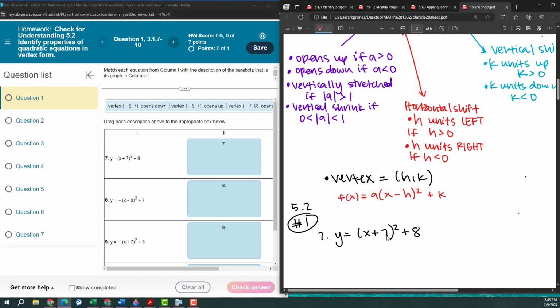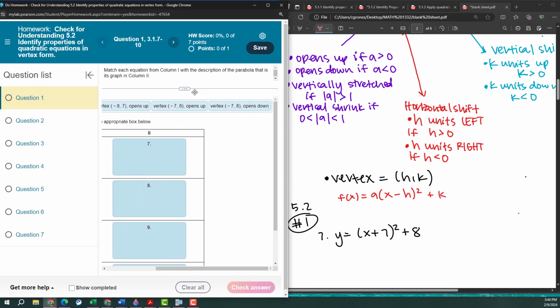So I know that our vertex is going to be negative 7 and a positive 8. So let's look at our options. I know that these two at the end are both the same vertex, negative 7, 8. I just need to see if this graph is opening up or opening down.